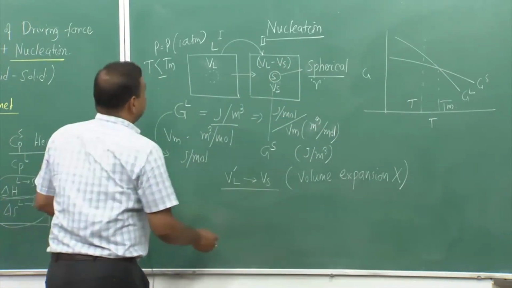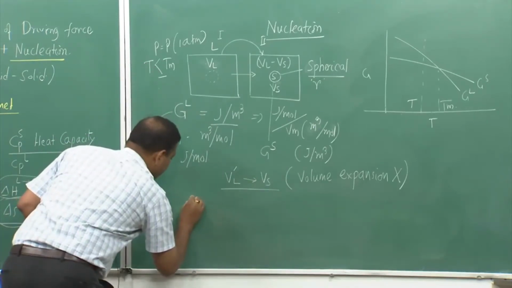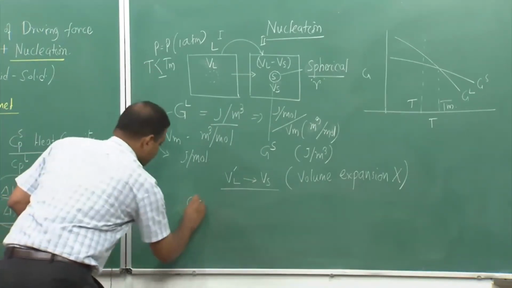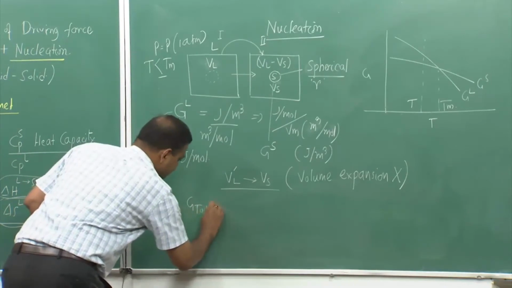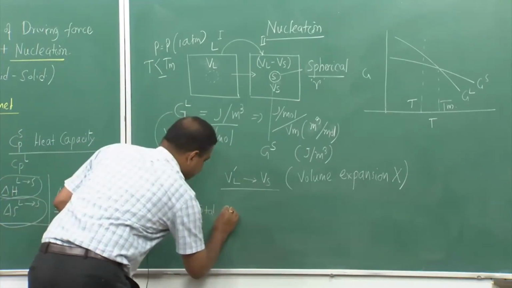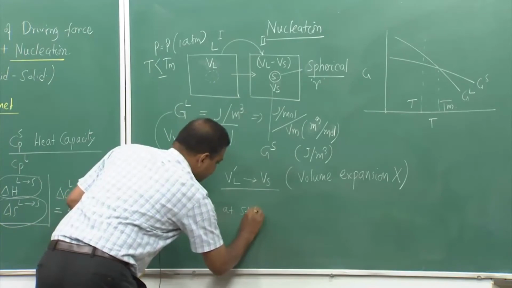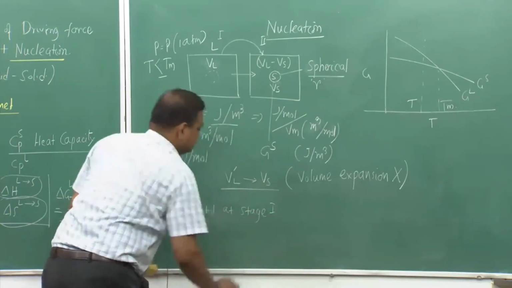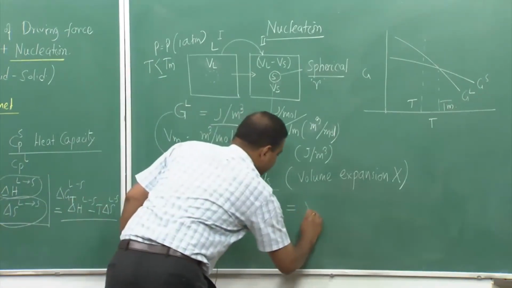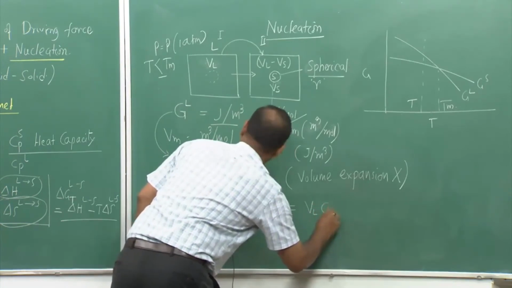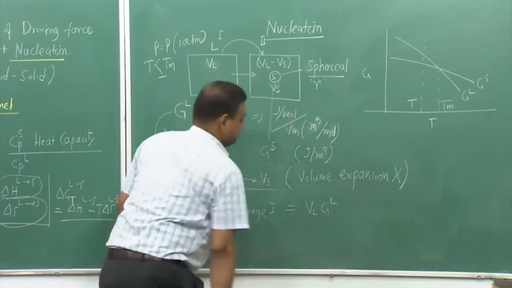Now, if I try to find out the total free energy at stage 1, it is equal to VL GL.